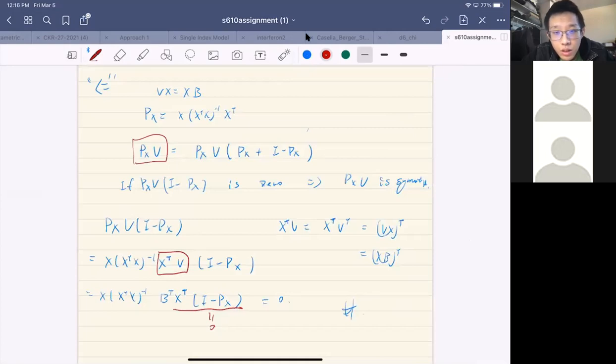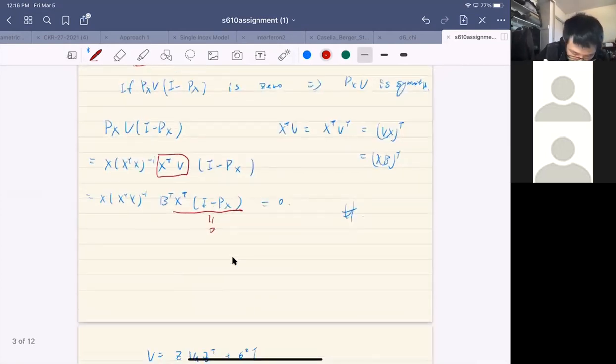Could you explain how you know that last term is equal to 0? So this is a projection matrix.